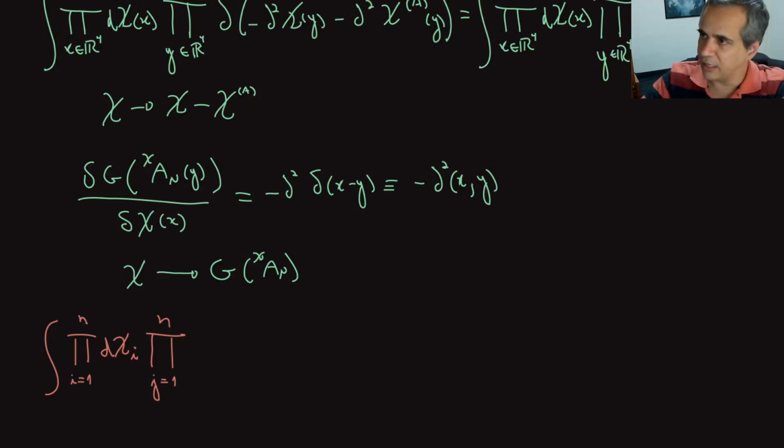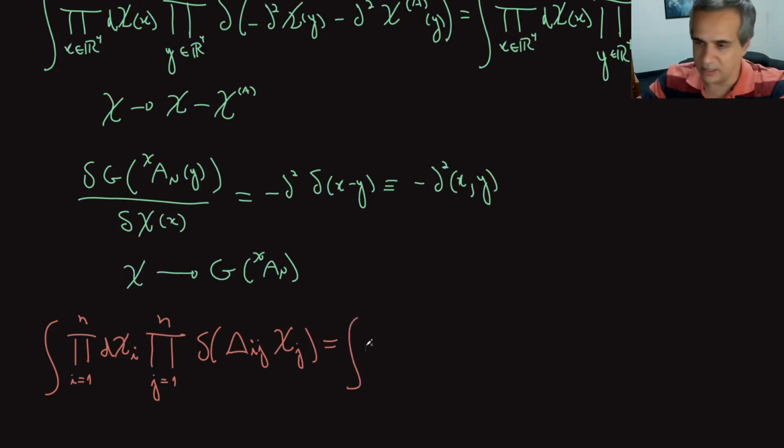And what's inside that delta is some operator delta ij acting on chi at position j. If I write these as vectors, let's read this as an n-dimensional vector chi, and then this delta will be just the delta n of delta acting on the vector chi, which is n-dimensional.